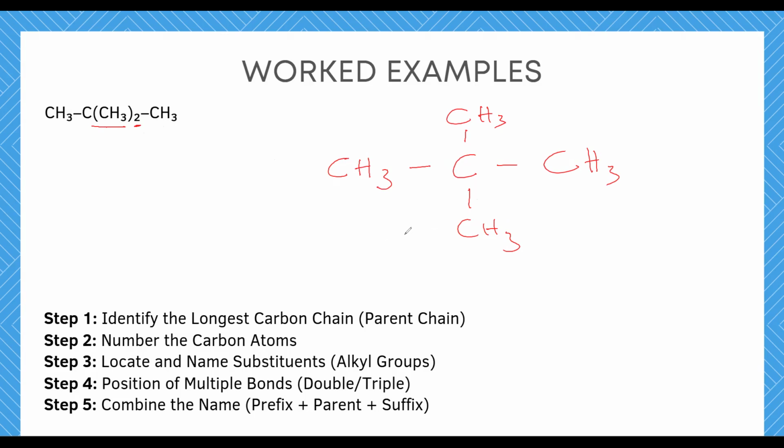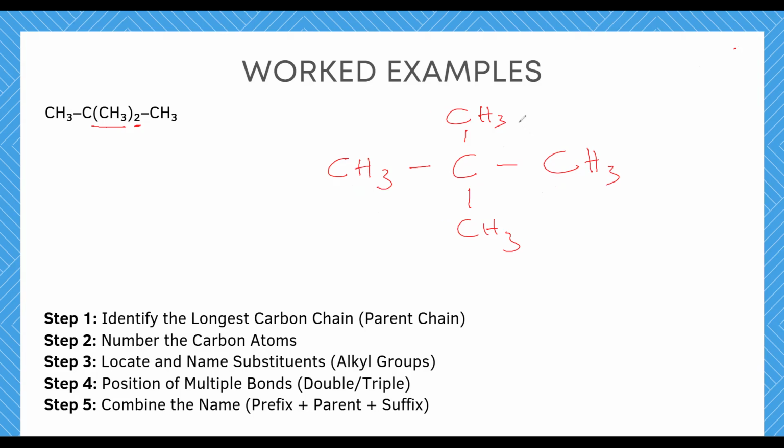Let's name this. So first things first, how are we going to count the number or identify the longest carbon chain? We can count from left to right. If we do that, we have 1, 2, 3. So we have 3 carbon atoms. If we count from right to left, we have 1, 2, 3. Same number, 3 carbon atoms. We can count from the top to the bottom, 1, 2, 3, same number, three carbon atoms.